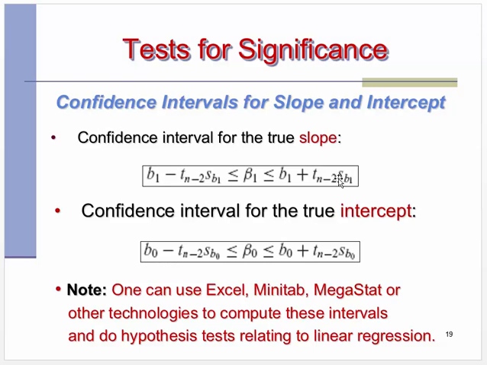We can also construct a confidence interval for the true intercept, beta 0. You can use Excel, Minitab, MaxStat, or other technology to compute these intervals and do hypothesis tests relating to linear regression.